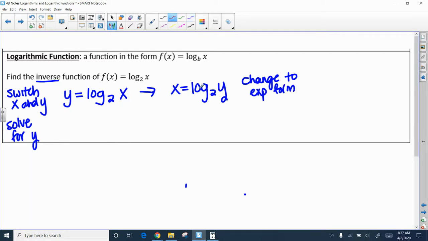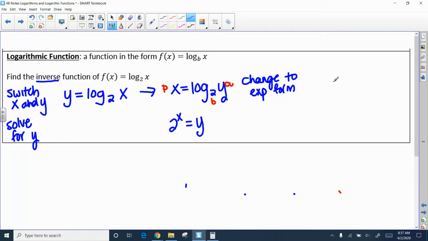So logarithmic form, this is in the form log base b of a equals p. So this side is the p. If I change to exponential form, remember it's going to be b to the p power equals a. So that would be, the base is 2, so it would be 2 to the x power equals y. Okay, now the y is by itself.